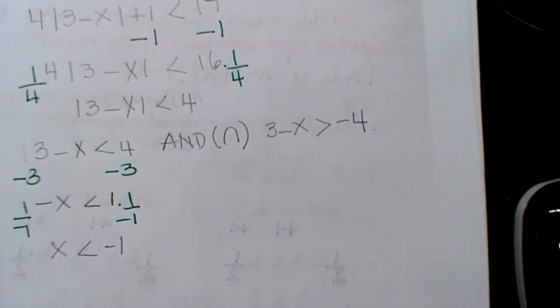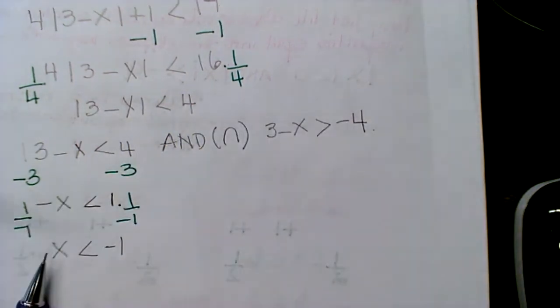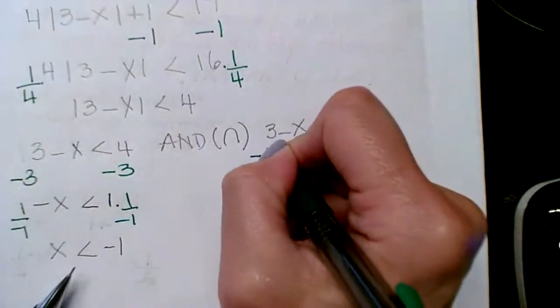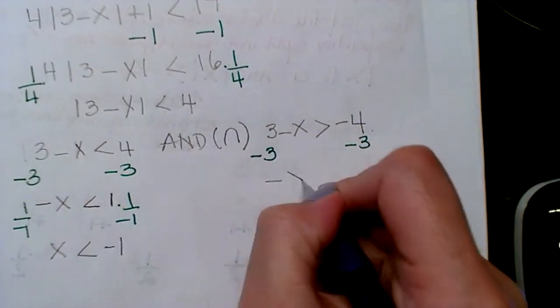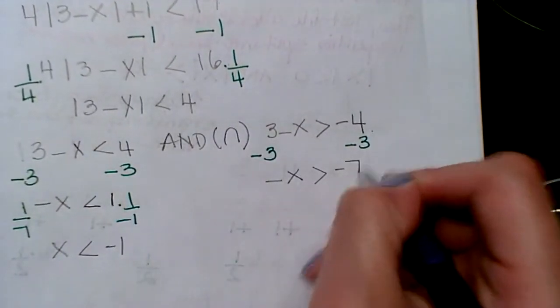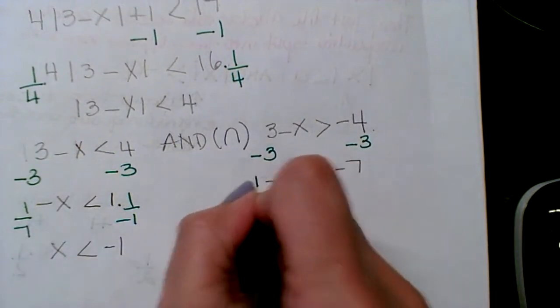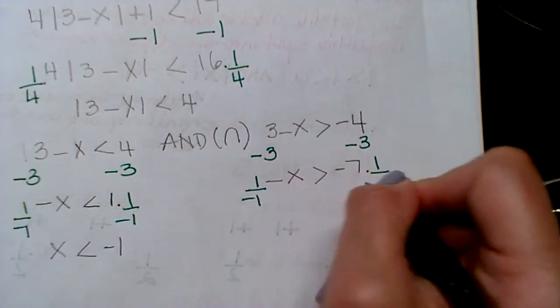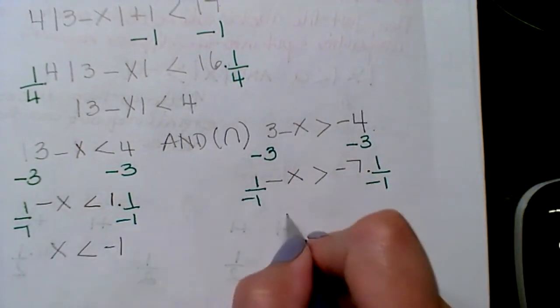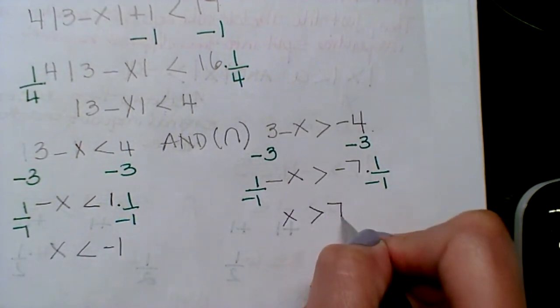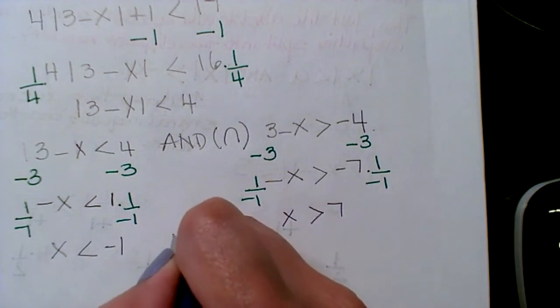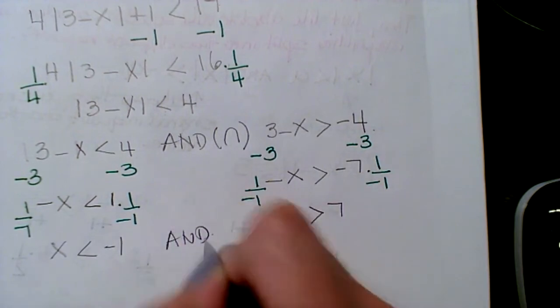Okay? And then on the other side, we're going to make a 0 here. So we have negative x greater than negative 7. And we're going to multiply by the reciprocal. Okay? So this is going to be x greater than 7. And remember, this is going to be n.